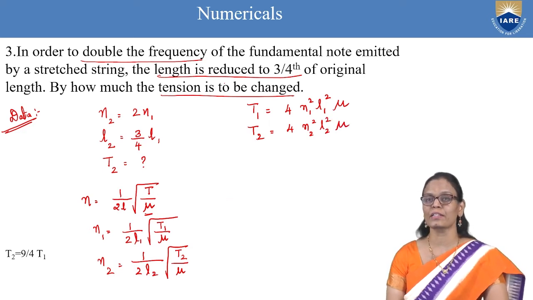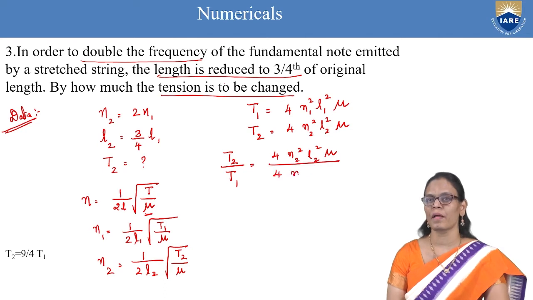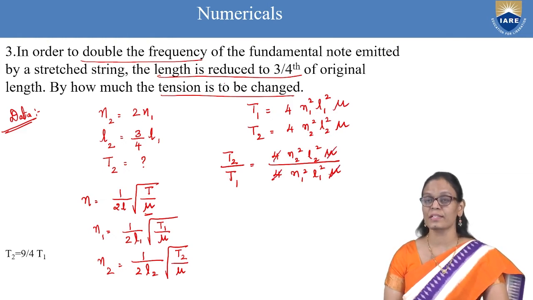Since we have to find T2, we will take the ratio of these two. T2 by T1 will be equal to 4 N2 square L2 square into mu upon 4 N1 square L1 square into mu. 4 and 4 get cancelled, mu also gets cancelled in the numerator and denominator.